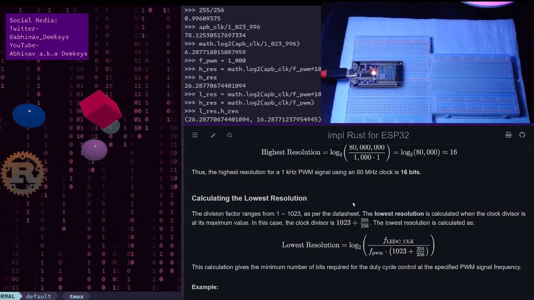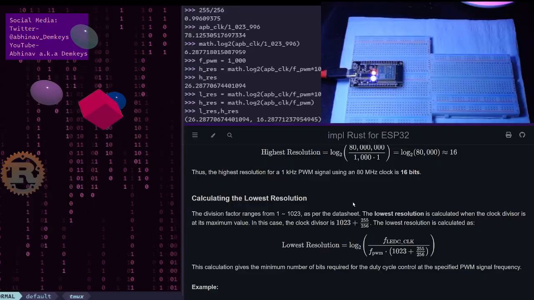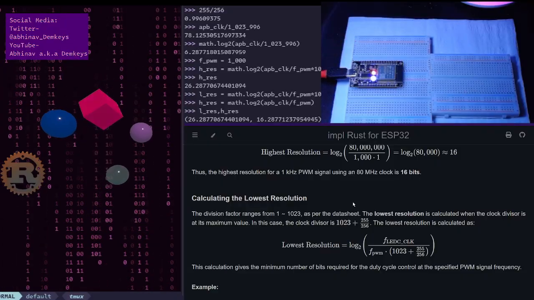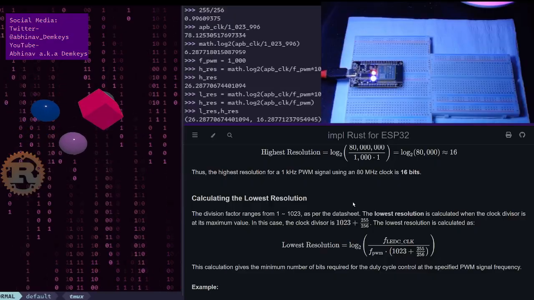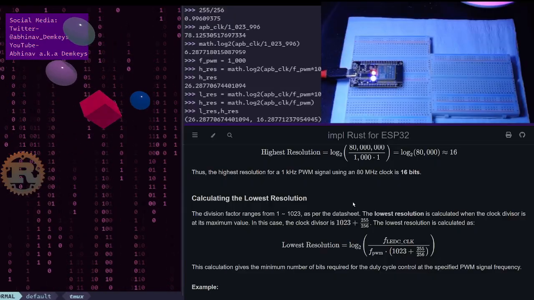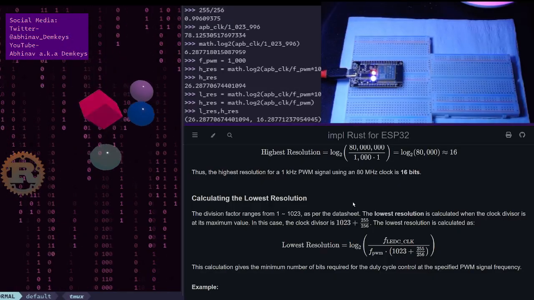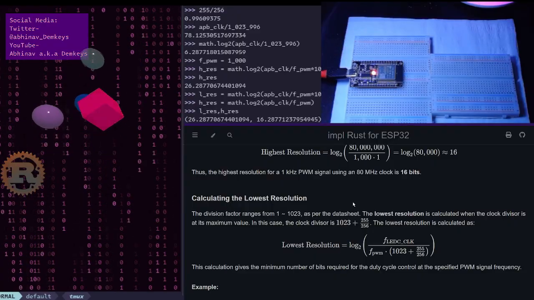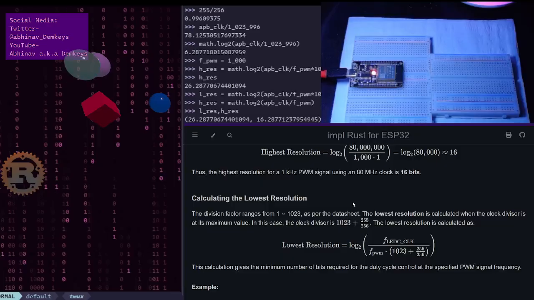This allows for incredibly smooth dimming. Then low resolution, example 8-bit, you have only 2 to the power 8, which is 256 steps. The jumps between brightness levels are much more noticeable.